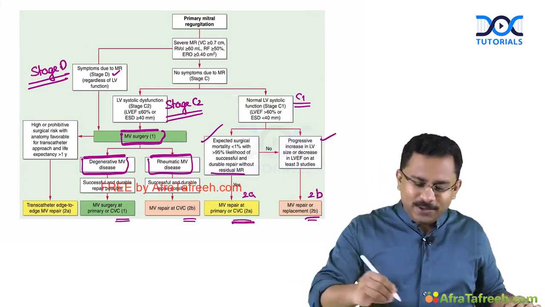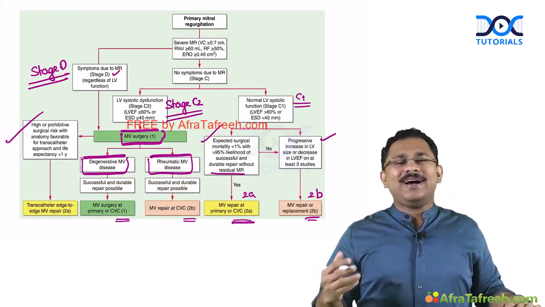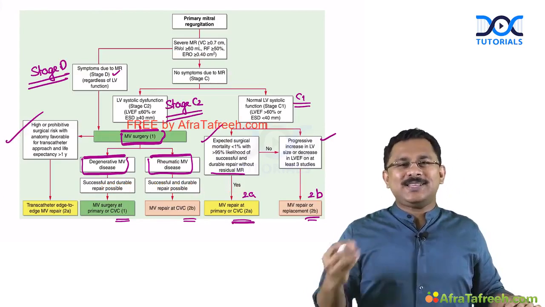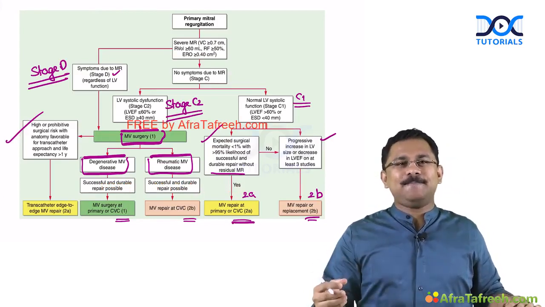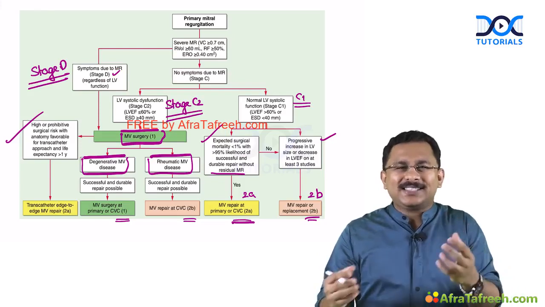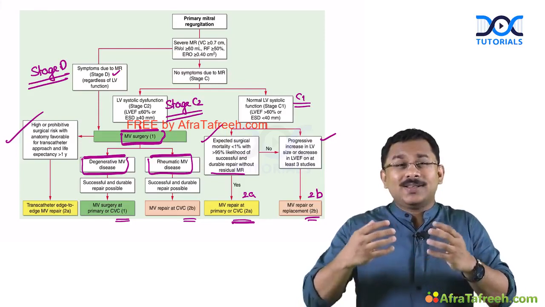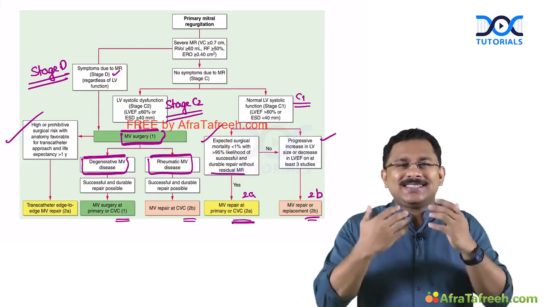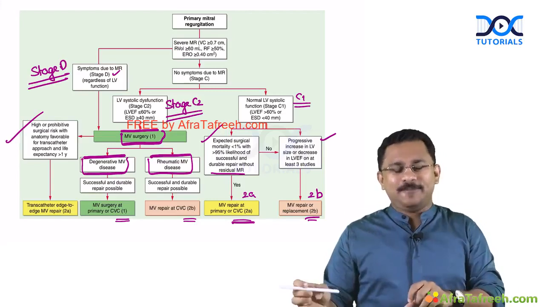Now, another point that you should all note is that, when you have patients with severe symptomatic chronic primary mitral regurgitation and those with a high risk of a surgical mitral valve repair, okay, so these are the patients with a high surgical risk, you can go for a minimally invasive procedure.